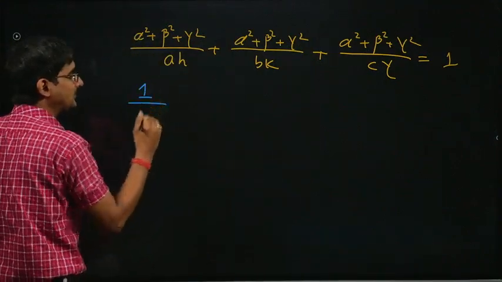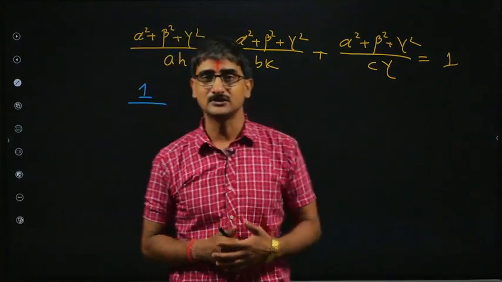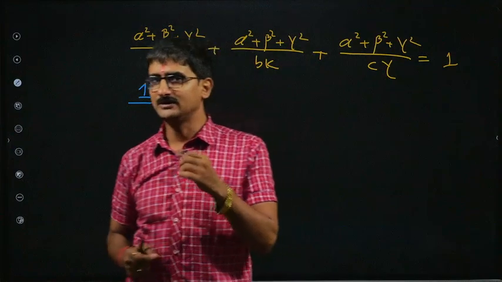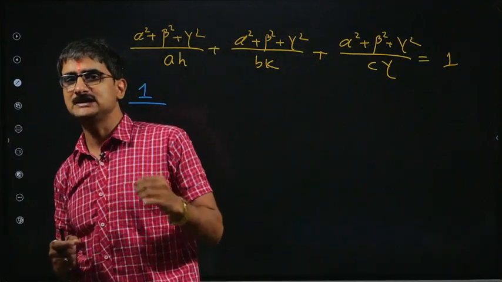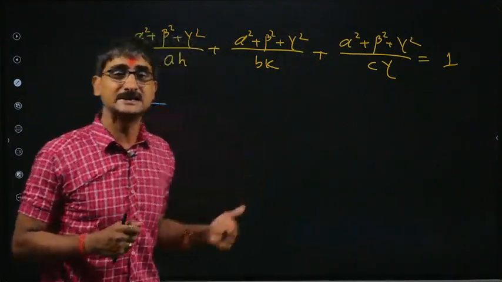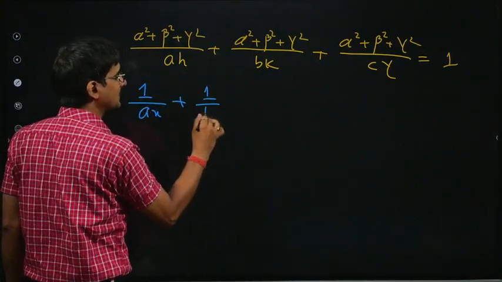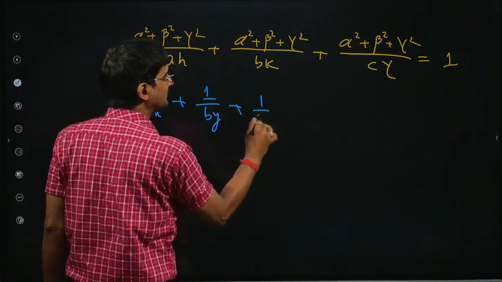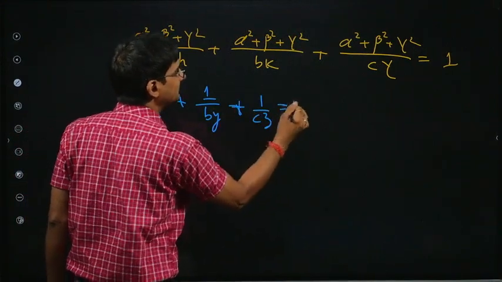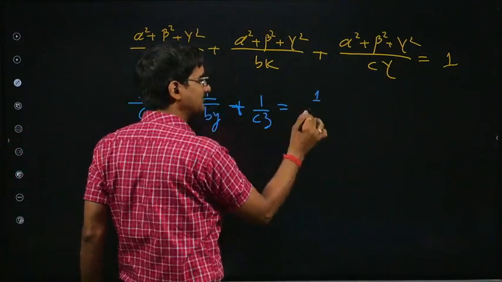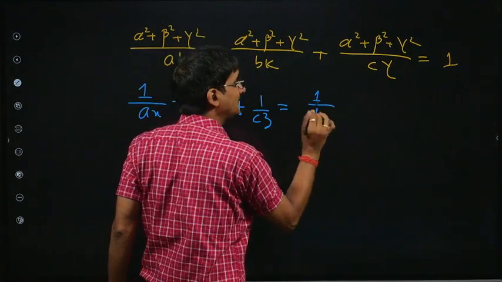We get 1 upon, and now see, we have to find the locus of the variable point h, comma k, comma l. So of course, at last I am going to replace h, k, l by x, y and z respectively. So 1 by ax plus 1 by by plus 1 by cz is equal to 1 by alpha square plus beta square plus gamma square, which is 1 by h square.